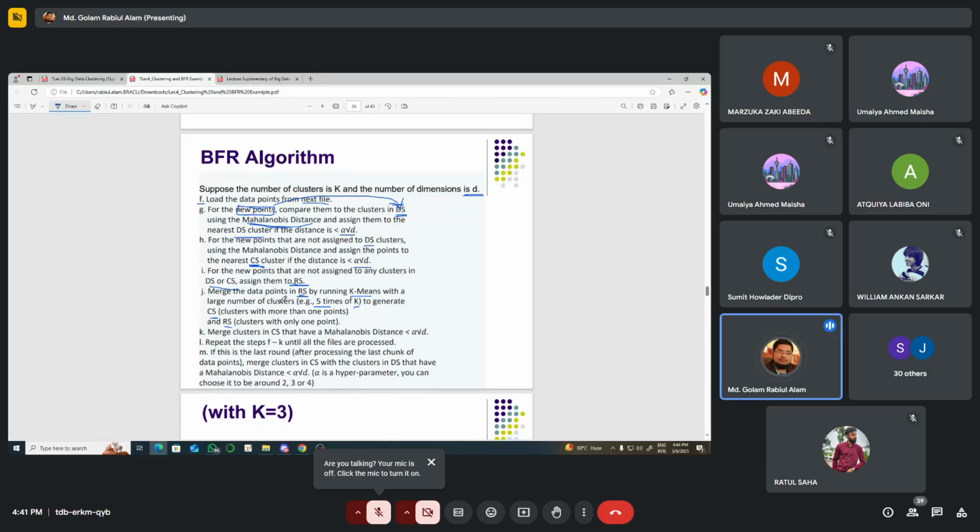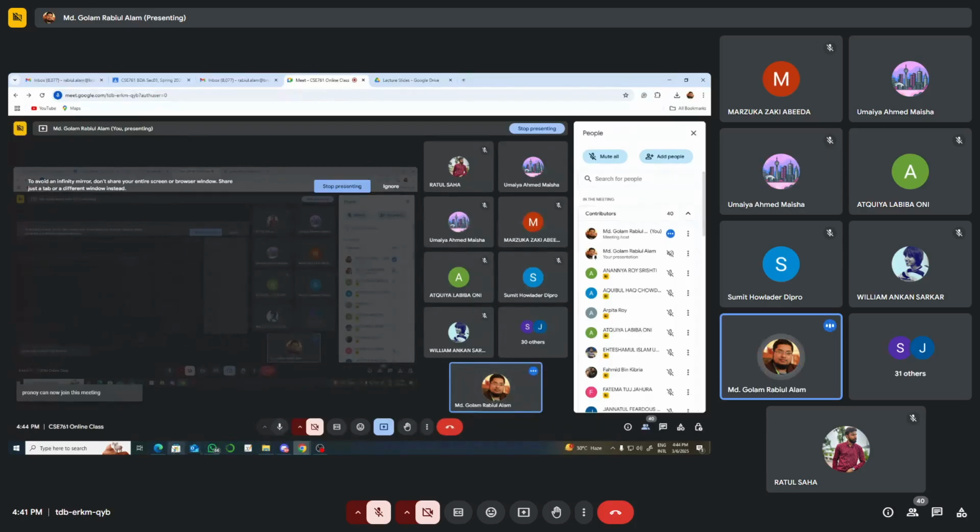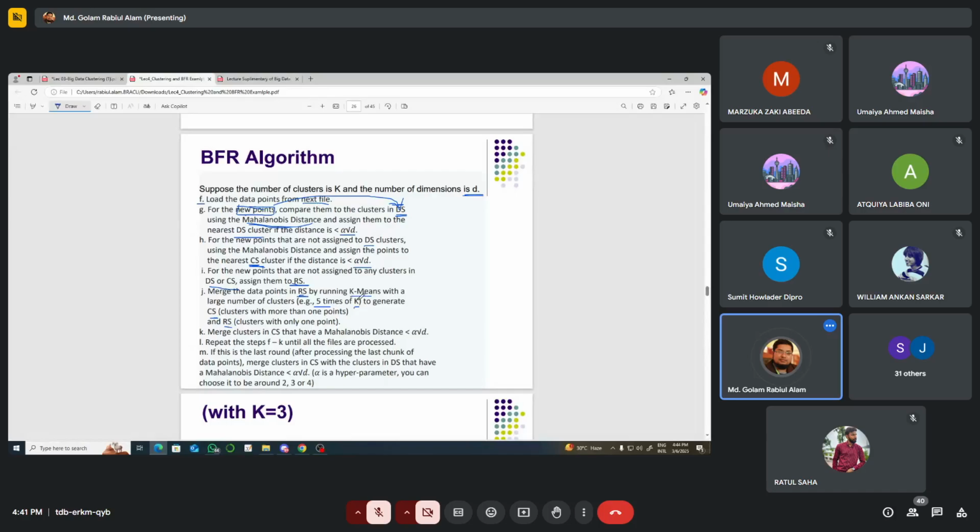That means in RS we may have many data points, and to cluster those data points we apply the k-means algorithm again, and it will form some clusters. Those mini clusters will be our CS. And if we find some isolated data points, clusters with just one point, we will keep those as our RS.